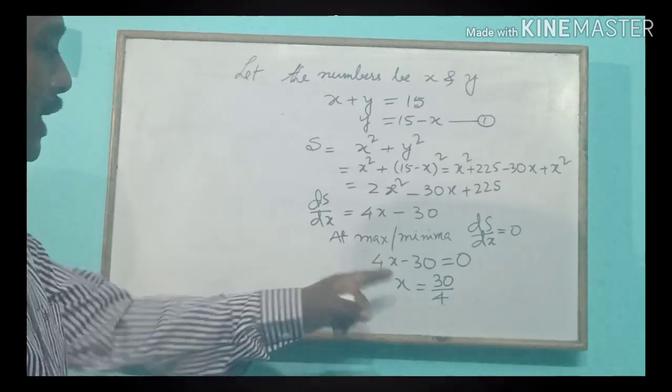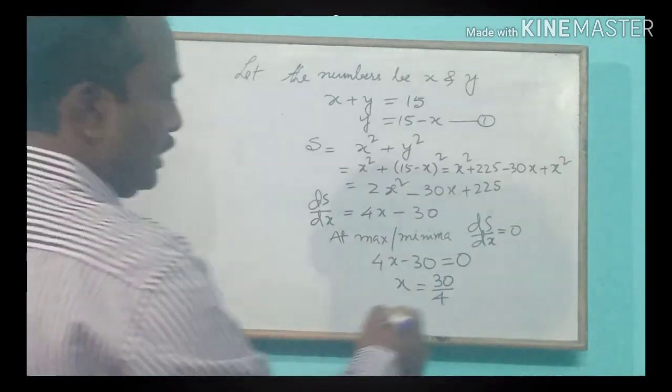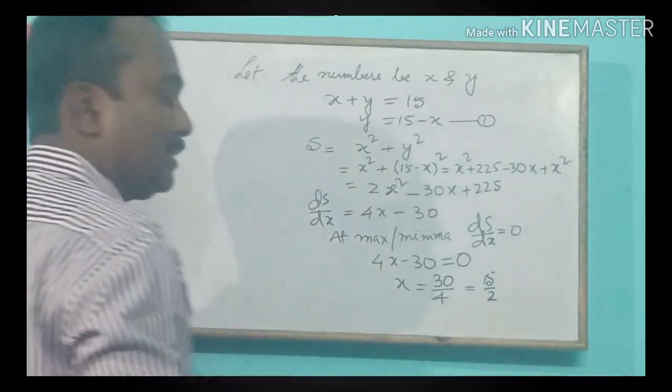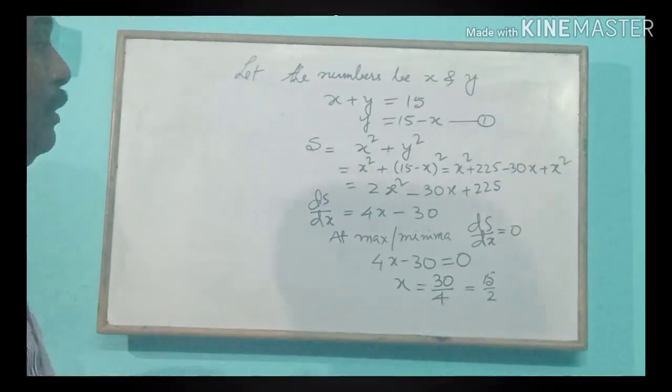So we have to check whether this x equal to 30 by 4, that is 15 by 2, will give minimum value or not.